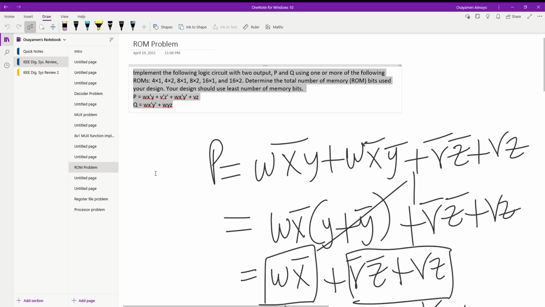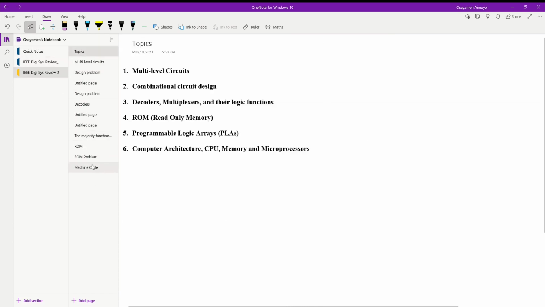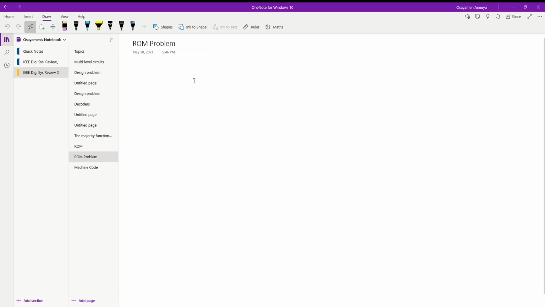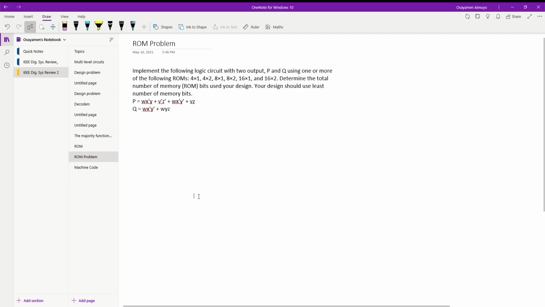Okay, let's take this here and work it out. We are to implement the following logic circuit with two outputs, P and Q, using one or more of the following ROMs: 4 by 1, 4 by 2, 8 by 1, 8 by 2, and so on.